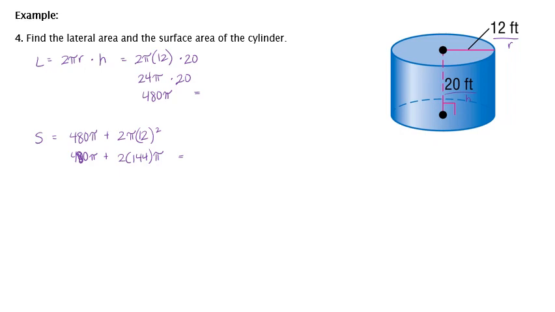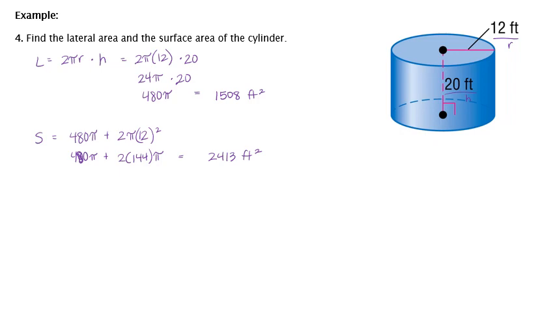So let's see, 480 pi, that's going to come out to about 1,508 square feet is our unit. And then 480 pi plus 2 times 144 pi, that's going to be about 2,413 square feet.